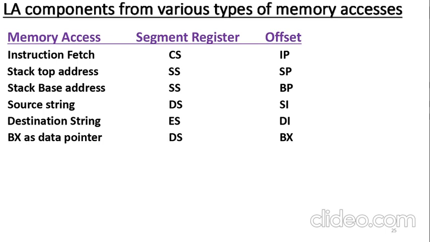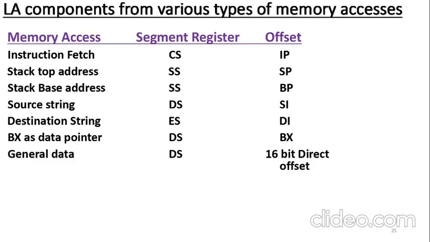Then BX is a data pointer, while manipulating data from the data table stored in a data segment. In that case, data segment is the segment register and BX will define the corresponding offset of individual data element from that data table. Then any generalized data which is to be referred from data segment: in that case, data segment is the segment register and a 16-bit direct offset one can define.